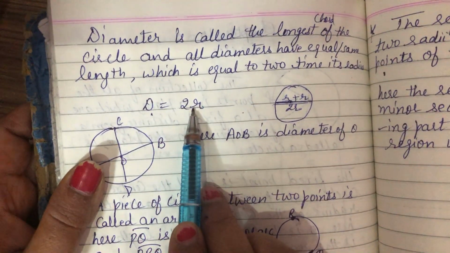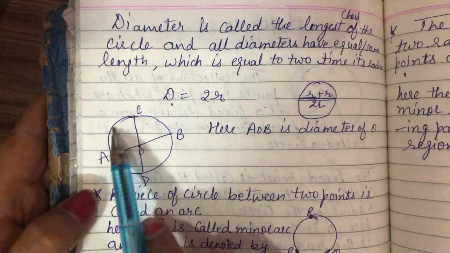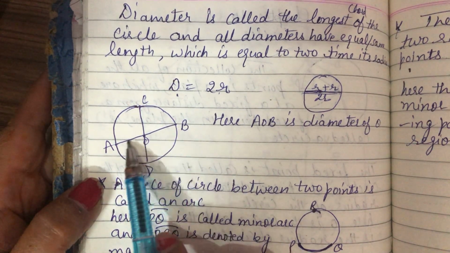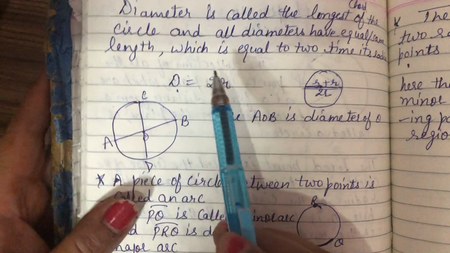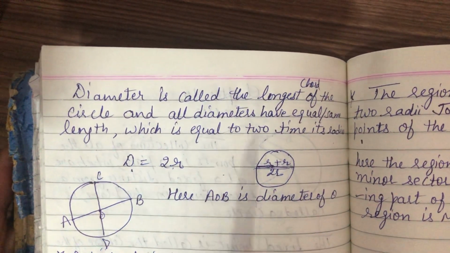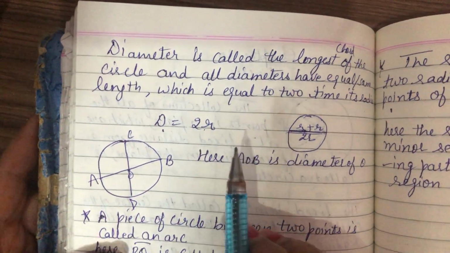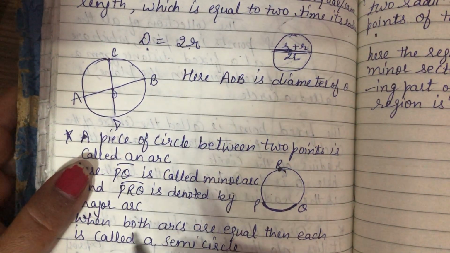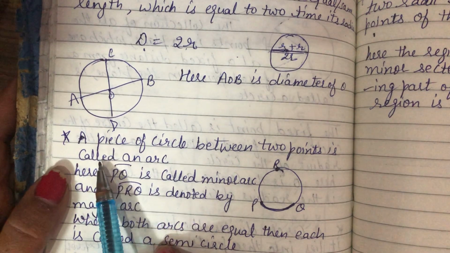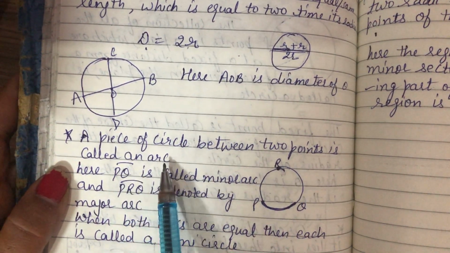So the diameter is always equal to 2R. Like in this figure, AOB is a diameter of the circle, COD is also a diameter of the circle, and all diameters have the same length. There are infinite numbers of diameters, infinite chords in the circle, and infinite radii. Now a piece of a circle between 2 points is called an arc.